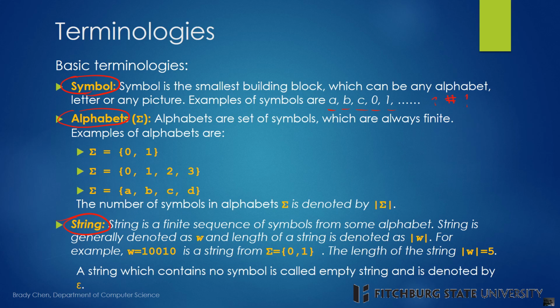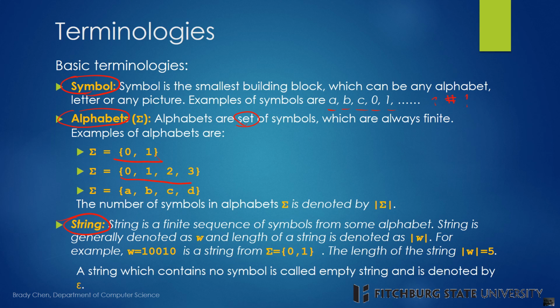Now, alphabets are sets of symbols. However, these sets are always finite. For example, we have an alphabet which consists of two symbols, 0 and 1.